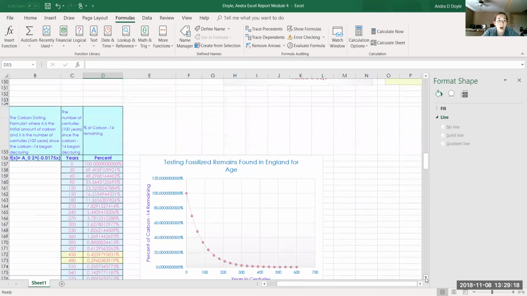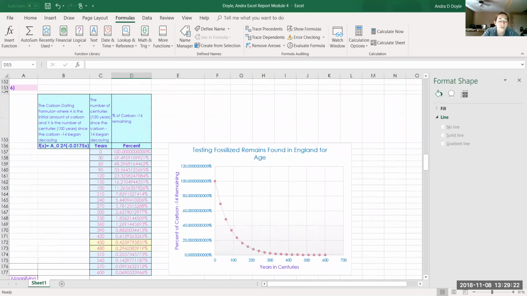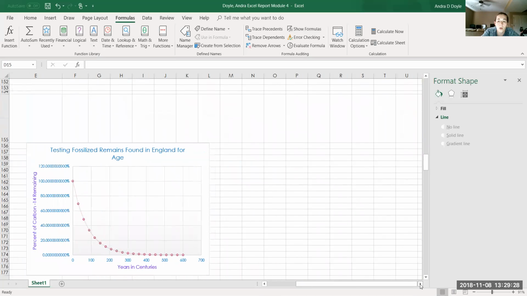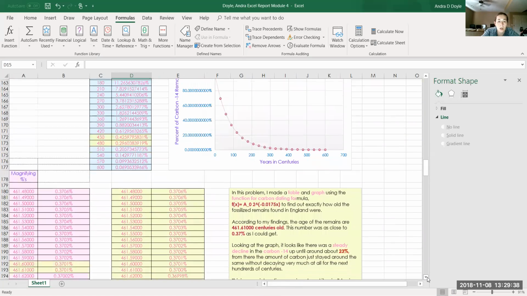And the final one is the carbon dating of fossilized remains found in England. We wanted to find out how old those remains were. I made a graph and table, and we put our function in.